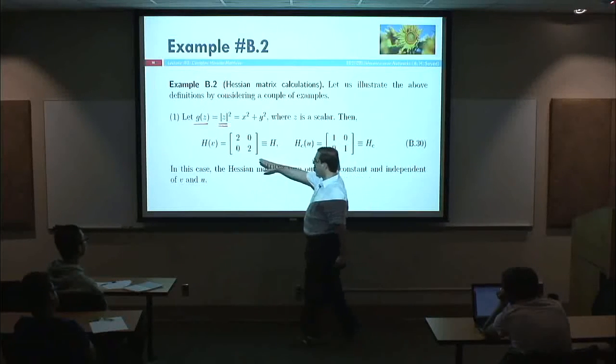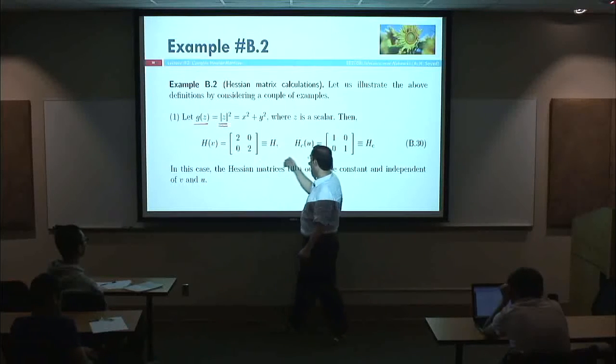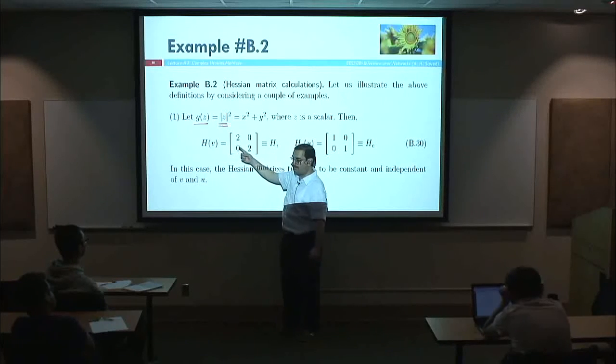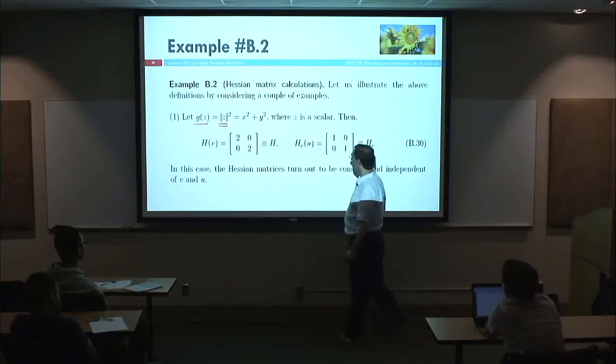If I write it in the real domain, I can write H of v in the real domain or in the complex domain. So the real Hessian will involve the partial derivatives relative to the x and y components. The second derivative relative to x will be the 2 here, relative to y, relative to x and y, right? So you get this, okay?